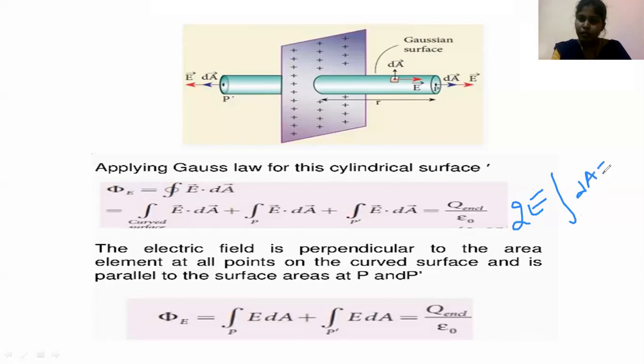This is equal to Q, and I write Q in terms of sigma. What is Q in terms of sigma?